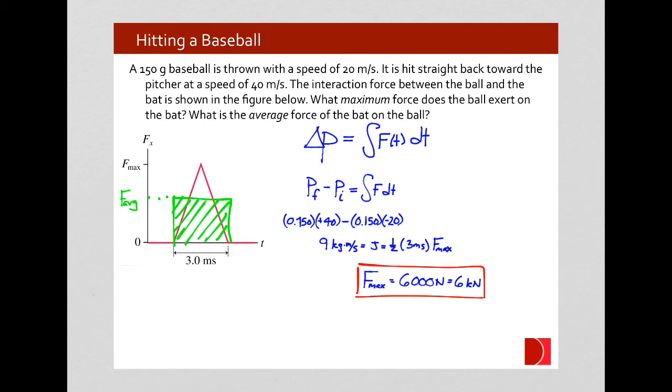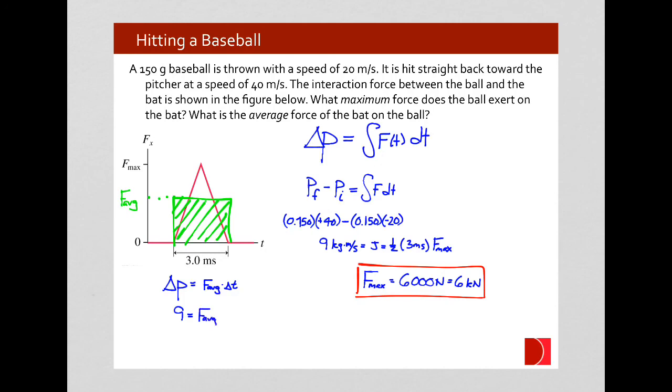In that situation, the change in momentum would be the average value of the force times the change in time. Since the average value of force is a constant value, there's no need for an integral in this situation. We found that the change in momentum is the impulse. We calculated that to be 9 kilogram meters per second.